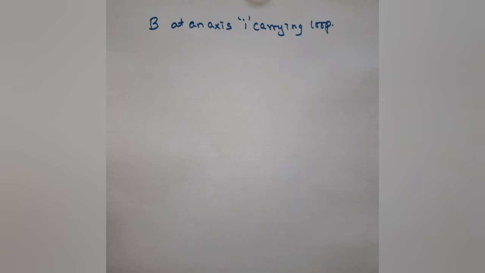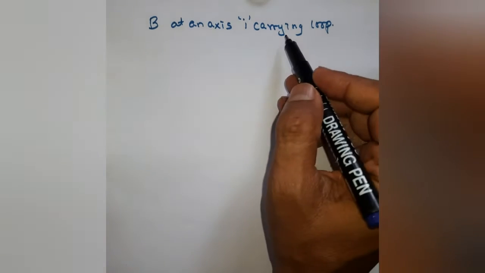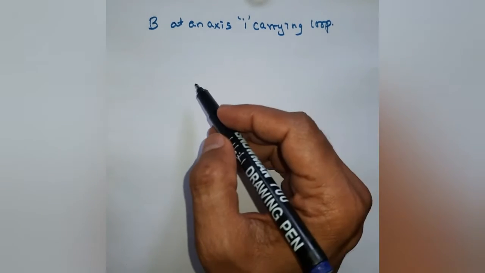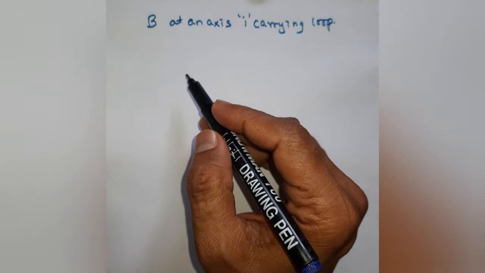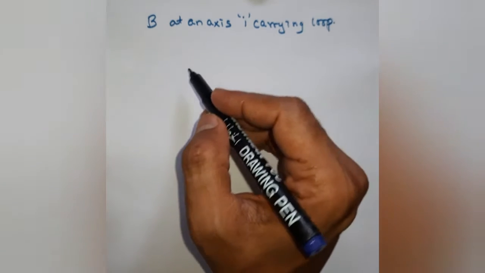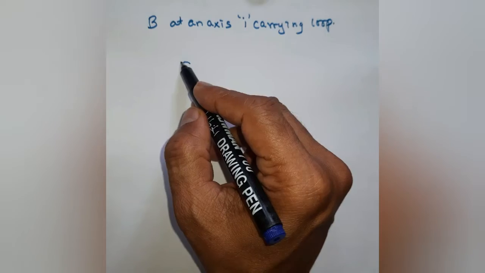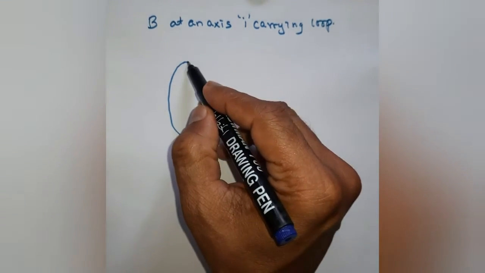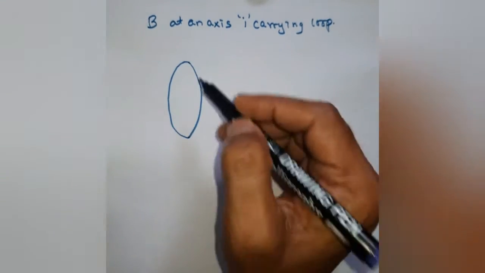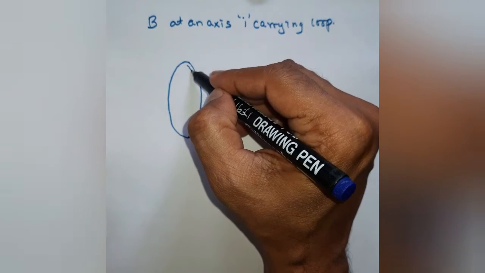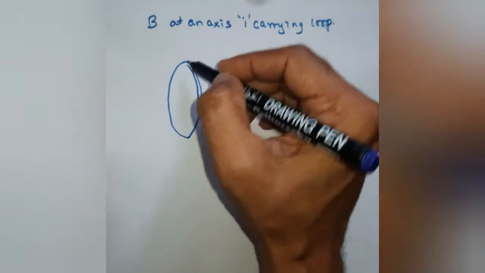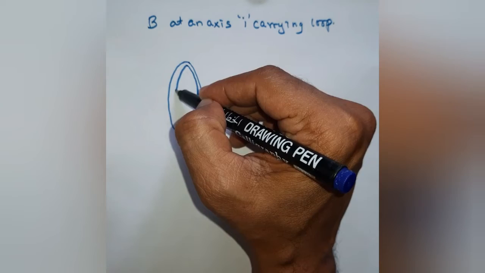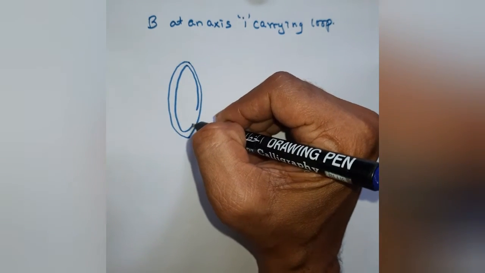We need a diagram, that means a current carrying loop, and it's a three-dimensional figure, so you need to be very careful in understanding. I'm drawing this three-dimensional figure like this so that you understand how it looks. Basically the loop is something like this.